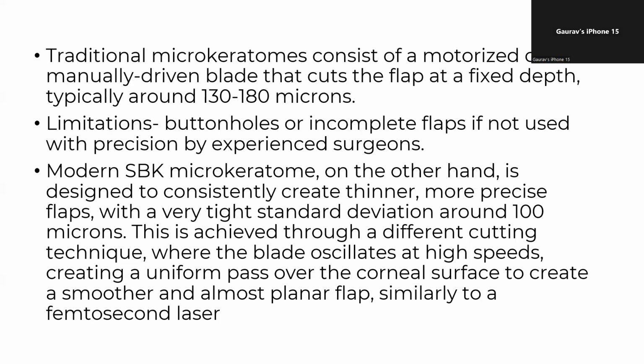This is achieved through a different cutting technique where the blade oscillates at a very high speed, creating a uniform pass over the corneal surface to create a smoother and almost planar flap, similar to the flap created by the femtosecond laser.